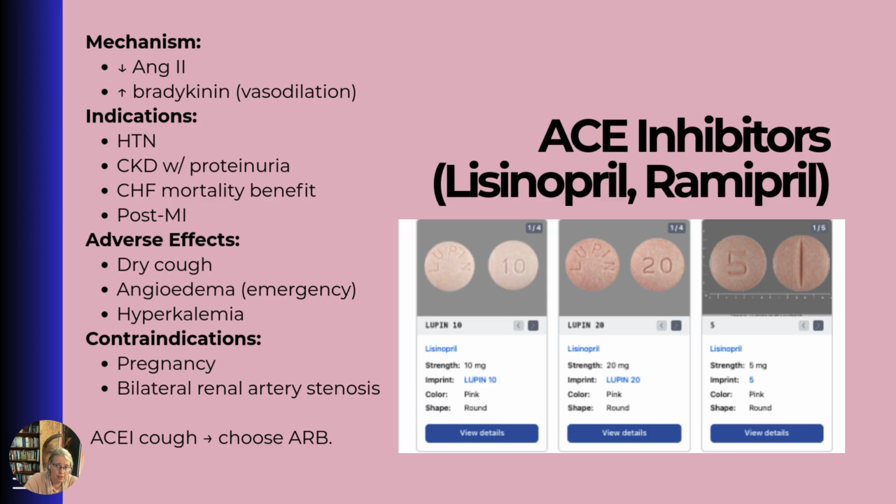But it does increase bradykinin, so you're looking at dry cough. They estimated about 20% of patients have the dry cough, but if you're noticing the dry cough, that is coming from those bradykinins building up, which can put them at risk for angioedema and hyperkalemia. In particular, increased risk for kidney failure.